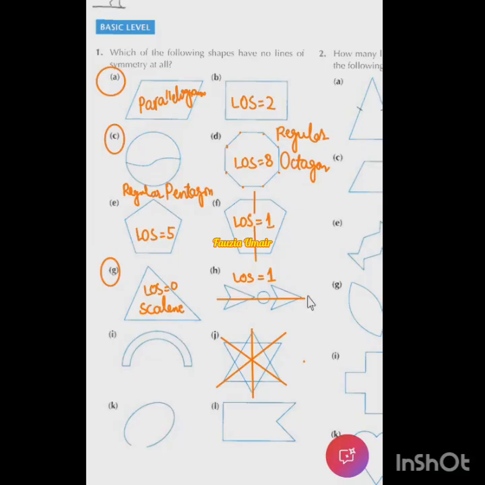This is an equilateral triangle. Ma'am, the line cannot go horizontal. Oh, sorry, you are right. Horizontal, we can draw like this also. And then first vertical, then horizontal, and then two diagonal.